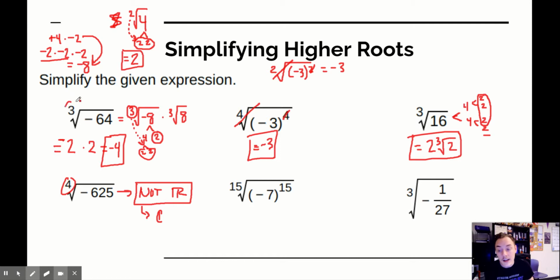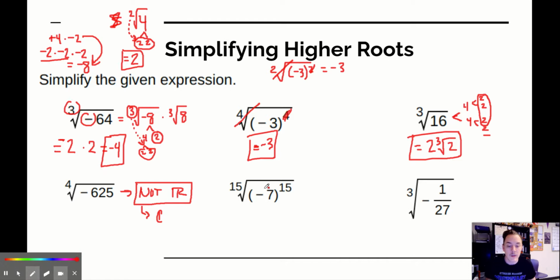If it's an odd, like this, it can absolutely have a negative underneath the radical. Now you may be saying, well, this was even, it had a negative underneath the radical. True, but you can simplify it further to eradicate that radical to just have the answer, and that's what we did. You can't do that here. Now, if this had a 4 right here, and this is in parentheses, yeah, absolutely. But it doesn't, so we can't, so that means it's going to be not real.